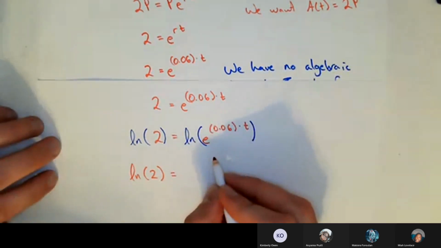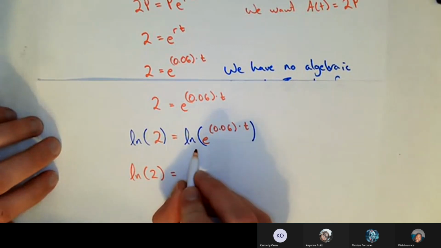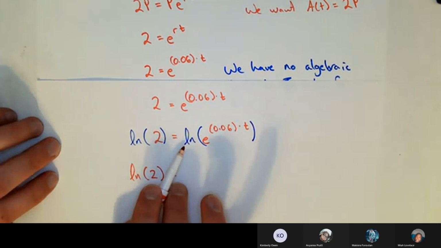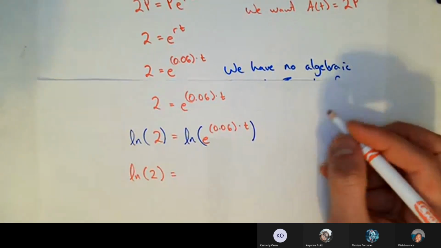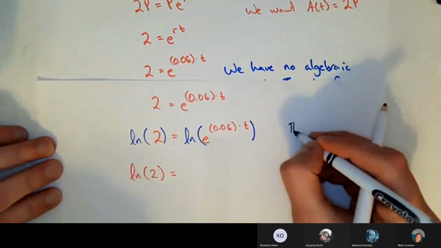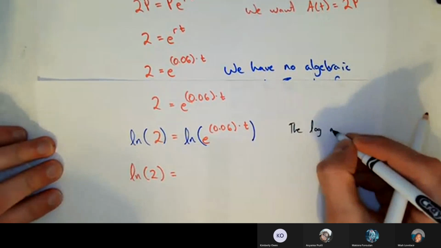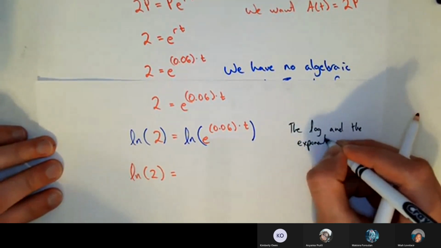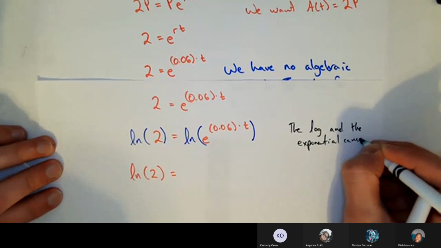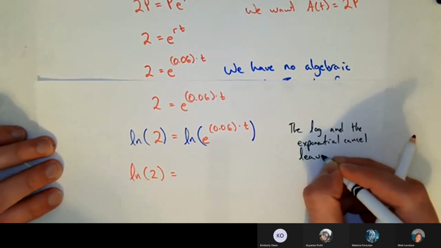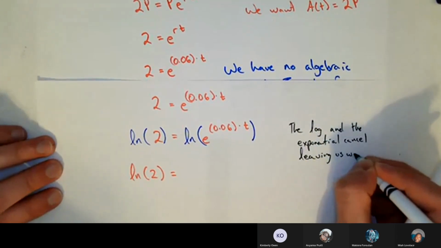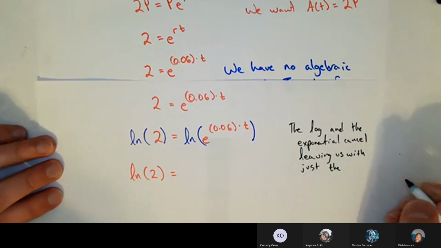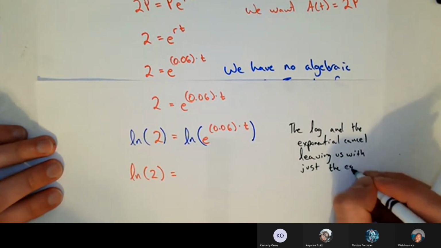It's going to be a use of that property that tells me when the base of my log matches the base of my exponential, they cancel out. So what's going to happen here is the log and the exponential cancel, leaving us with just the exponent.